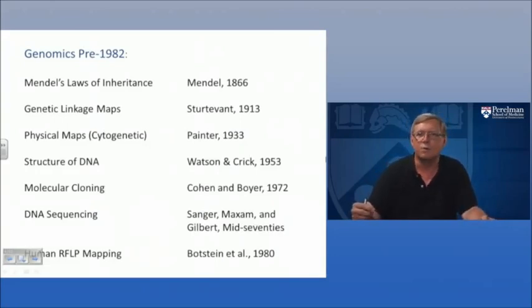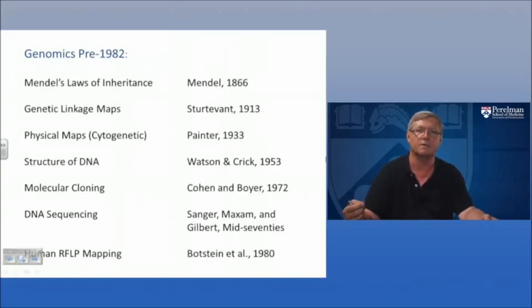The concept of genomics, although it's fairly new in terms of looking at the entire genome, developed over a long period of time. And just a real brief overview of some of the key highlights of genomics pre-1980s is listed here.